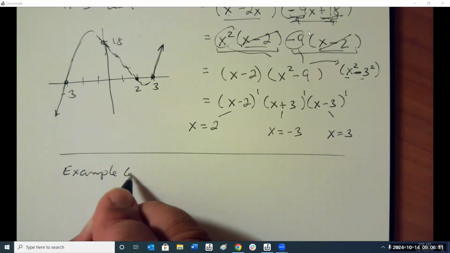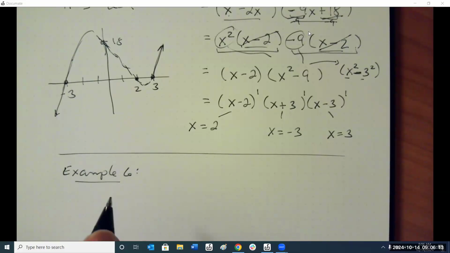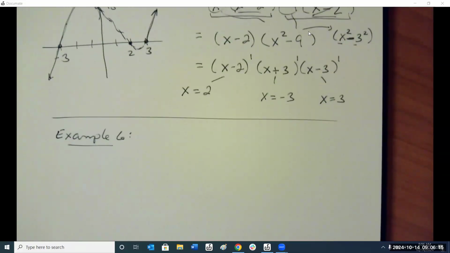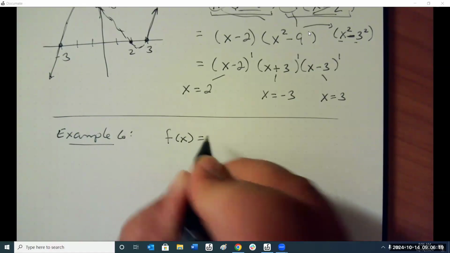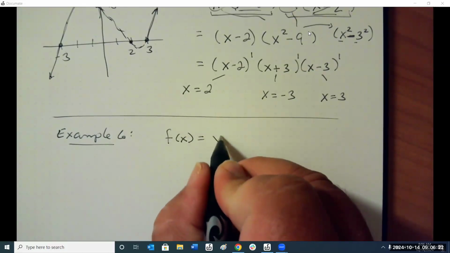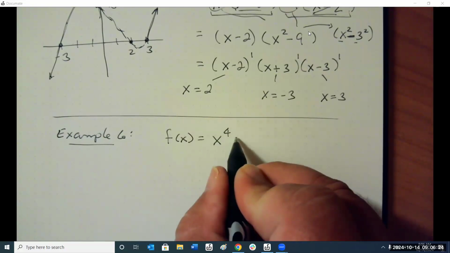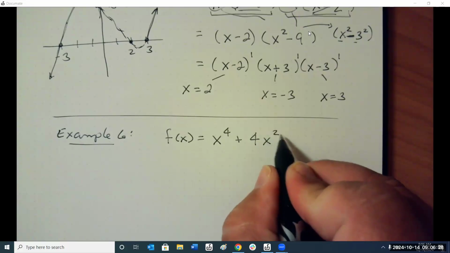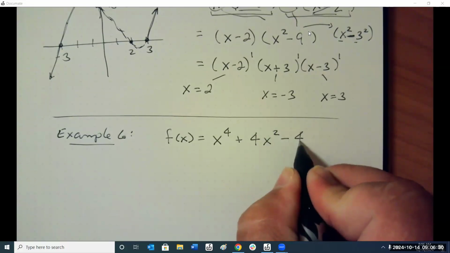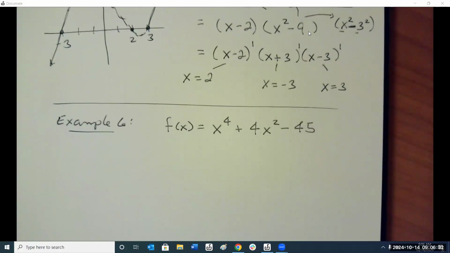And the last one for this section. Find the zeros of this one: x to the 4th plus 4x squared minus 45.